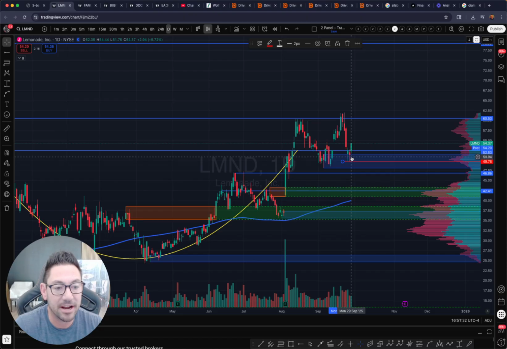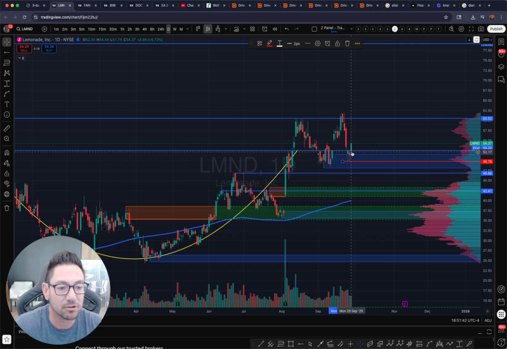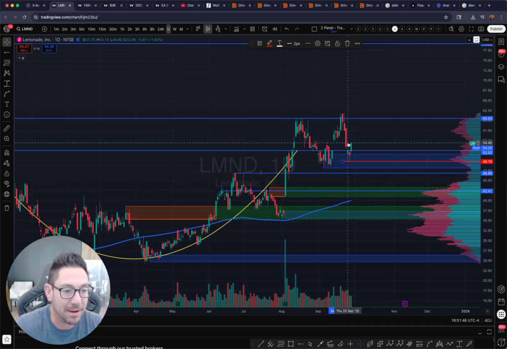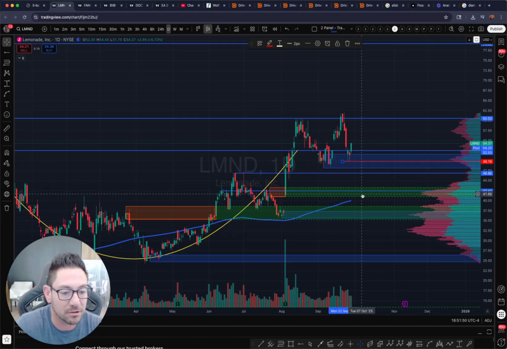So instead, it put in these two wicks, one on Thursday, one on Friday, where we had these hammer candles. And then today we opened pretty much right above Friday's close, and had a nice move back to about $54.37, and it closed pretty close to its highs.